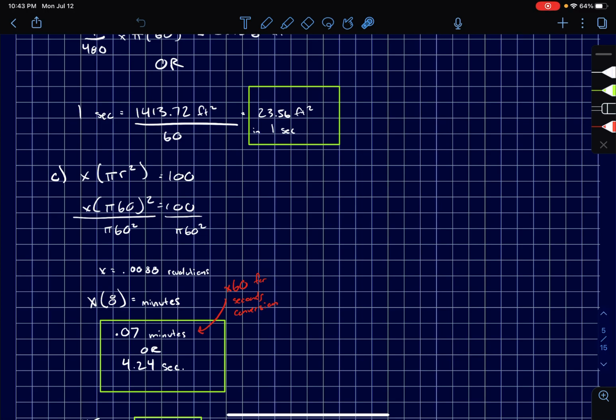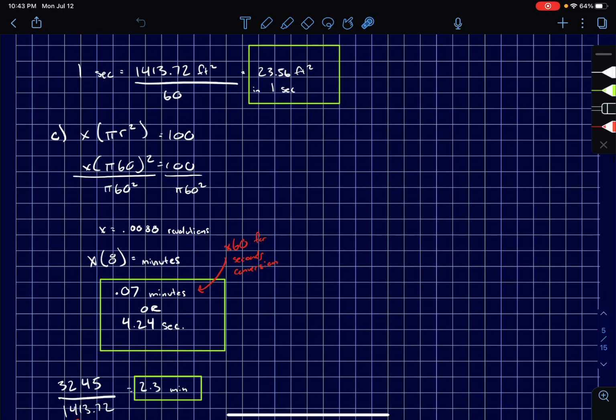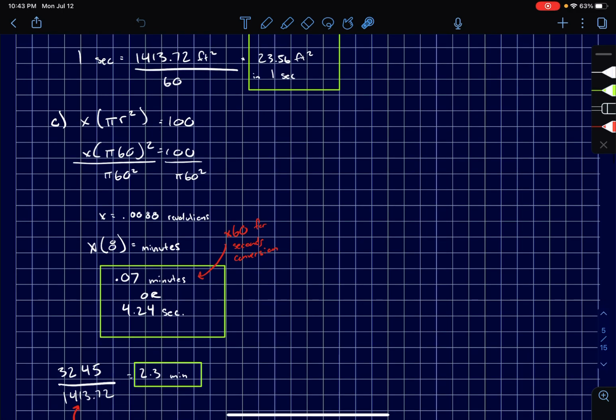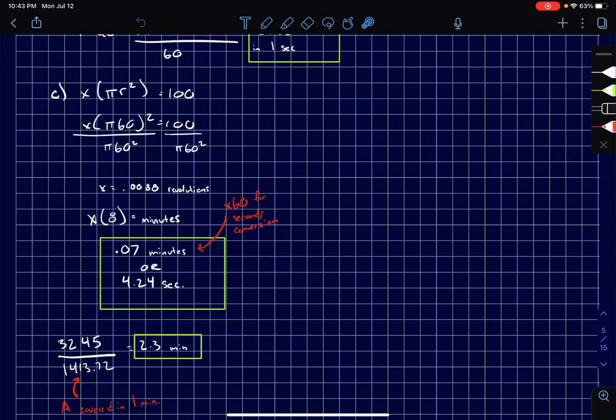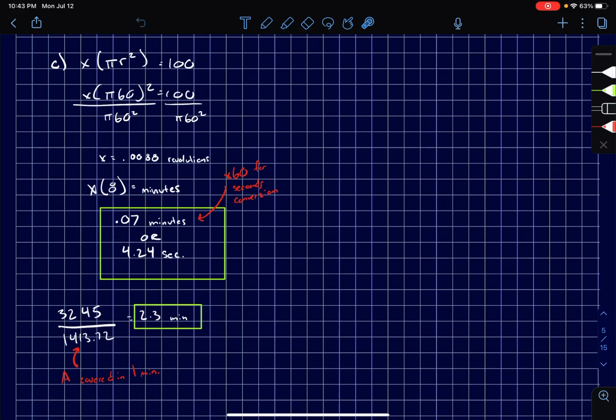We just divide 100 by pi r squared, and you get x. So it covers 100 square feet in 0.0088 revolutions. And we know that it takes 8 minutes to do 1 revolution. So 0.0088 of 8 minutes is just 0.07 minutes, or 4.24 seconds.